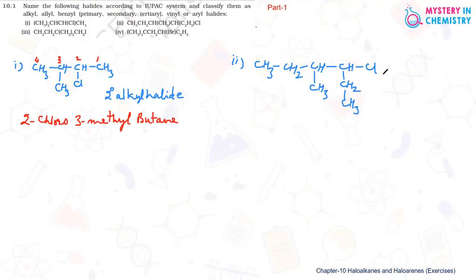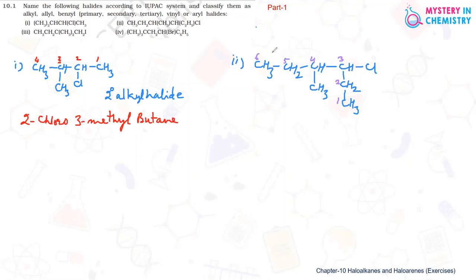Then when you are numbering it, the longest chain should be this one. In the longest chain, numbering should be such that the carbon containing halogen should get the least number. So again we are selecting, as this is 1 carbon, 1, 2, 3, 4, 5, and 6.